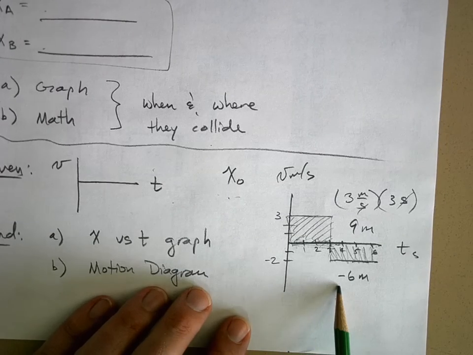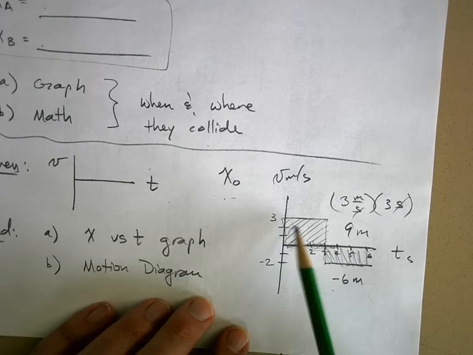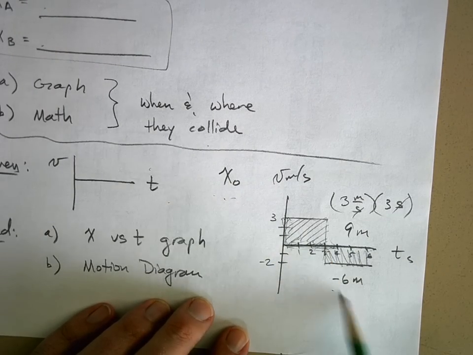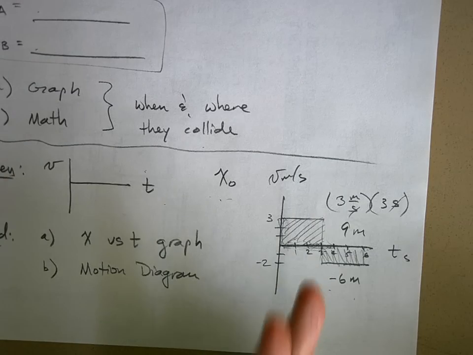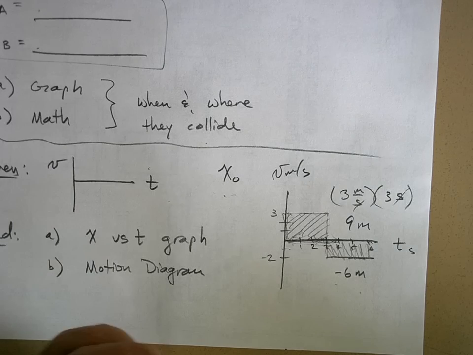It means you walk to the left instead of to the right. So here we walked 9 meters to the right, and then we walked 6 meters to the left. So what total displacement did I have for the whole time interval? Well, that'd only be 3 meters of displacement. Does that make sense?